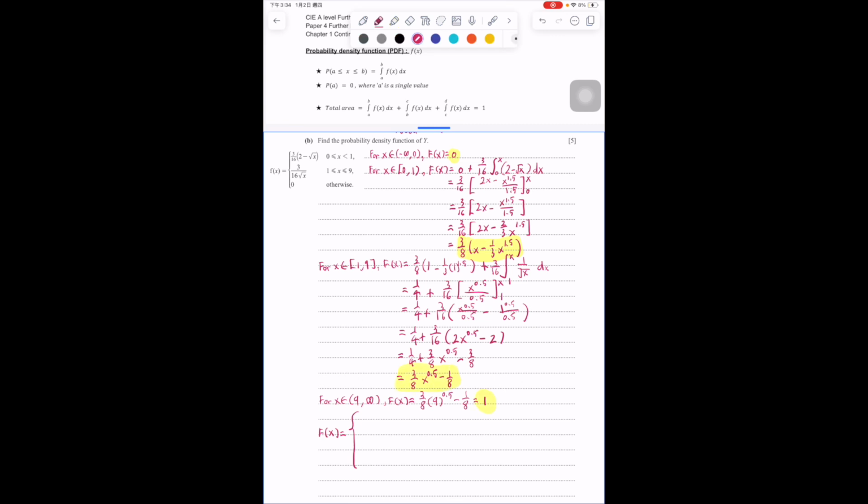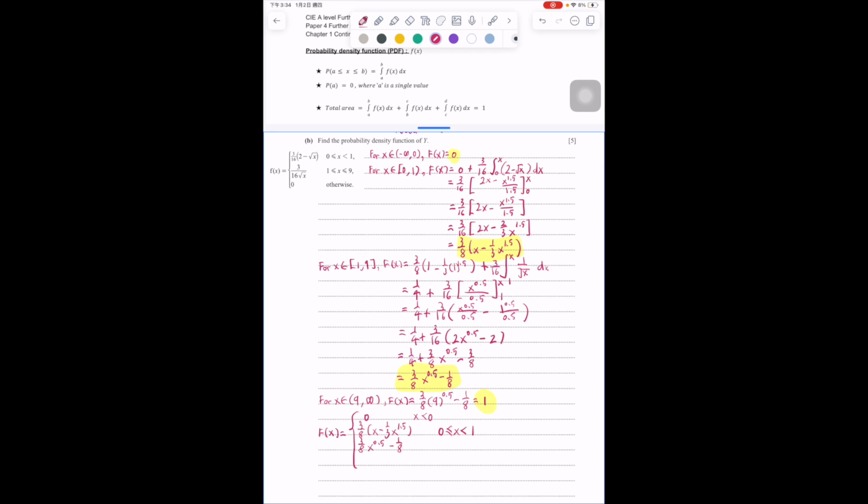Okay, so we have 0 when we have our x smaller than 0. We have 3 over x times x minus 1 over 3, x to the power of 1.5, when our x is greater than or equal to 0 and smaller than 1, and then we will have 3 over x to the 0.5 here minus 1 over x.